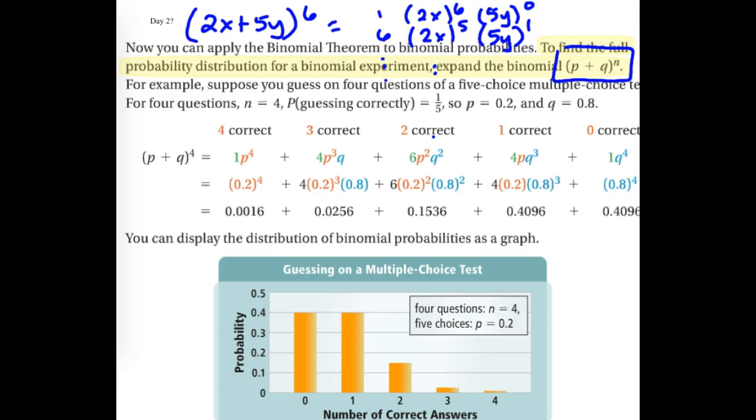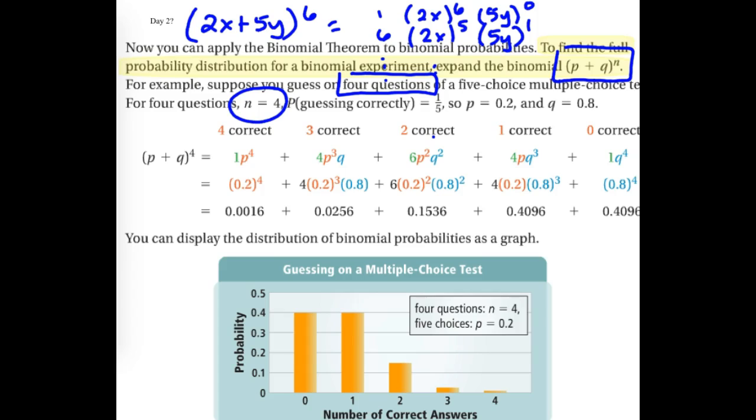So the example that they've written out here says, suppose you guess on 4 questions of a 5-choice multiple choice test. Now what that means is 4 questions means 4 trials, right? Each question is a trial. So we have n being 4 for our 4 questions. Then it says it's a 5-choice multiple choice test.